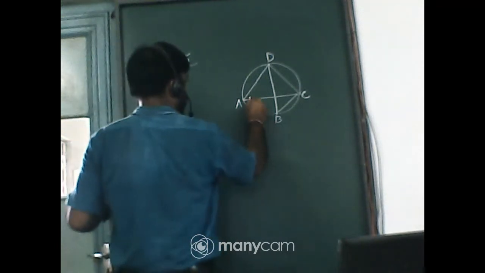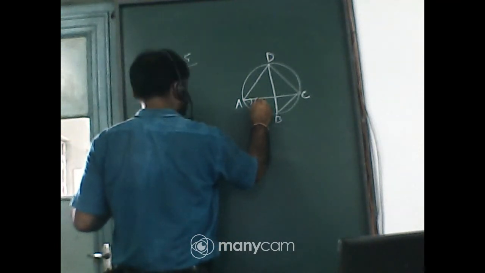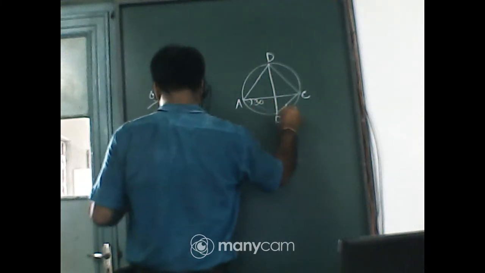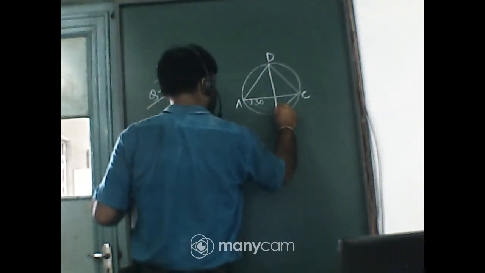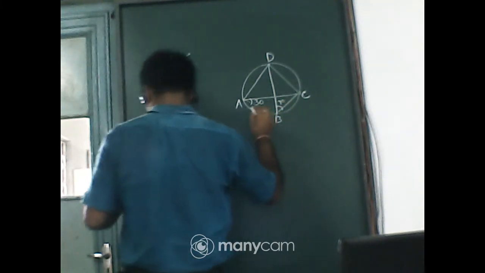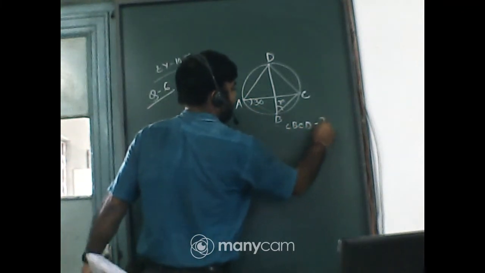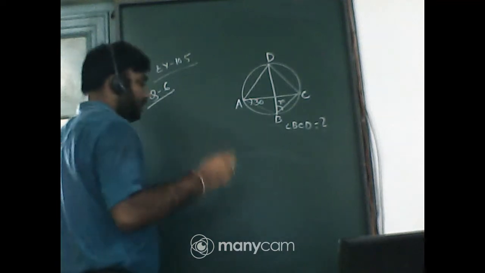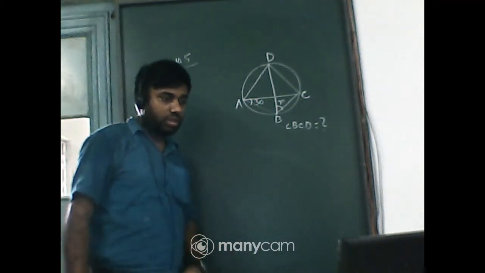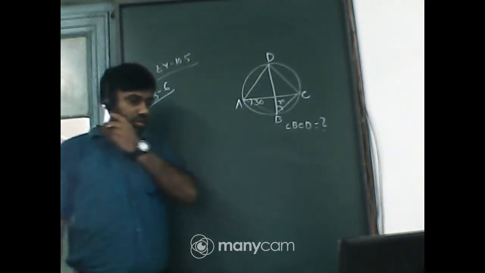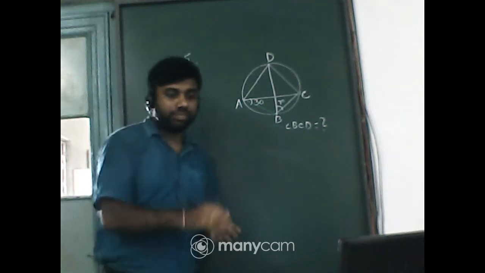That angle is 30 degrees and that angle is 70 degrees. What will be the value of angle BCD? That is the question.